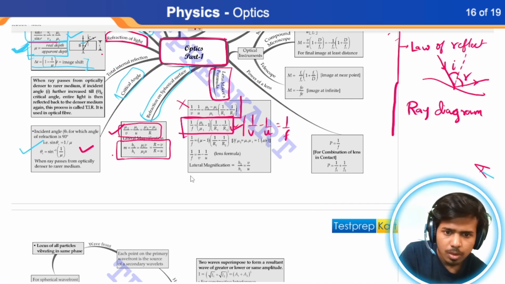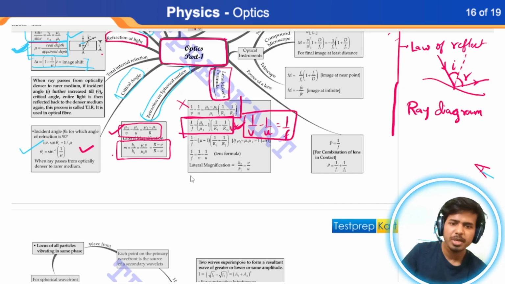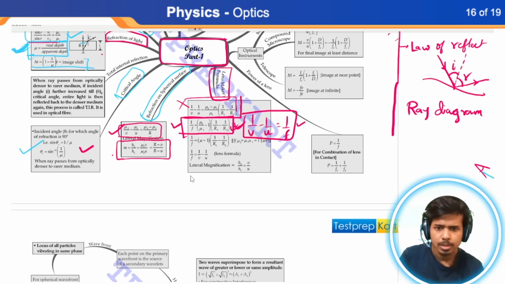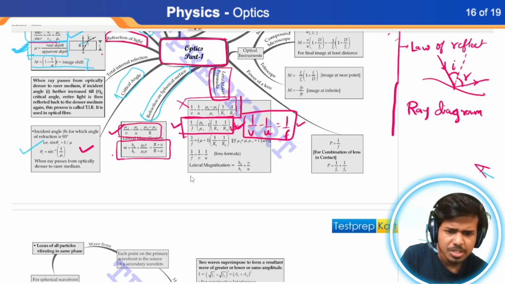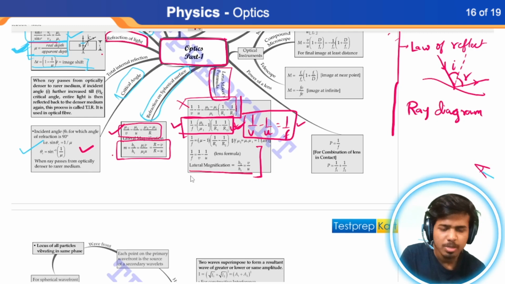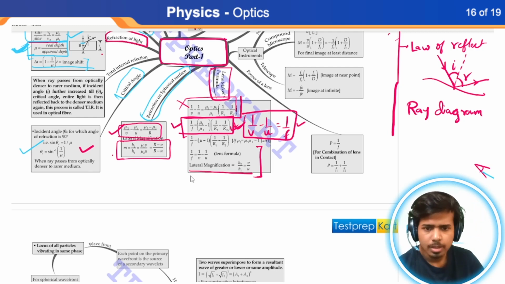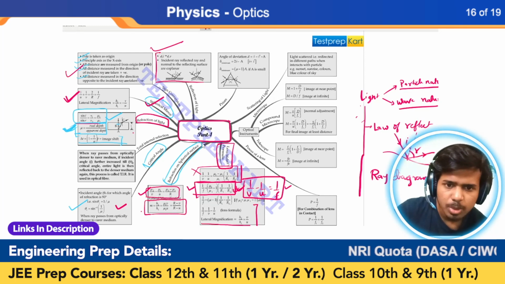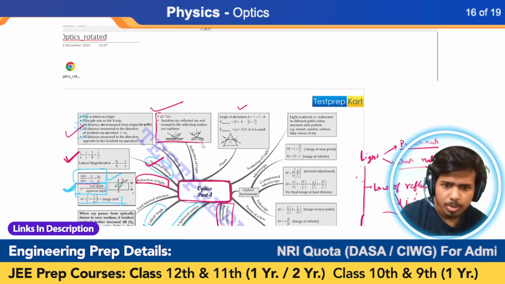These two would be sufficient for the lens maker formula, because remembering a long formula can be hectic sometimes. So you can divide them into two parts, and the rest of it is very straightforward. The lateral magnification has the same formula, v by u. Okay, so this was about lenses. We have not talked about prism till yet, so we'll talk about it.